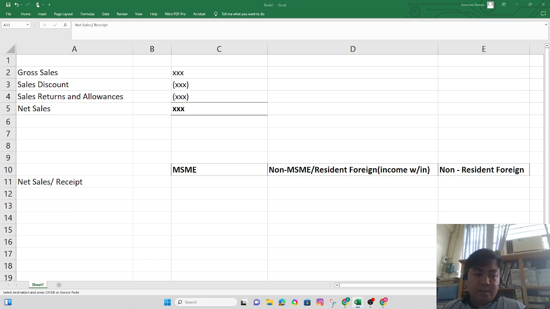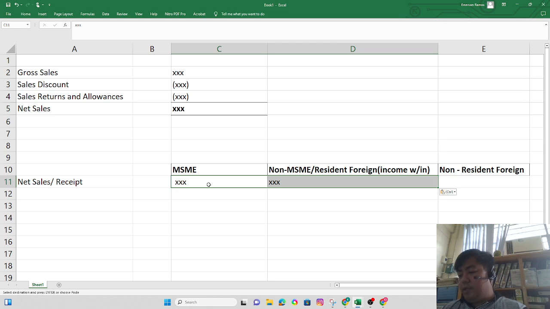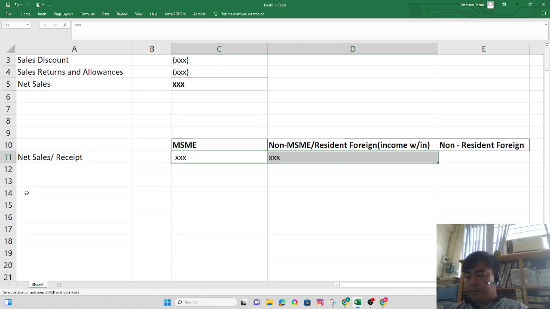Okay, then for corporation, domestic corporation and resident foreign corporation need to include their net sales.